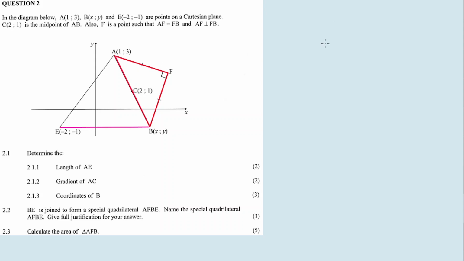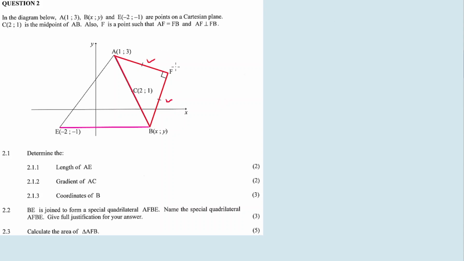We would have calculated the lengths of AF and FB, but anyway, we already have them because they are equal, then we plug into the formula for calculating area and get our area.